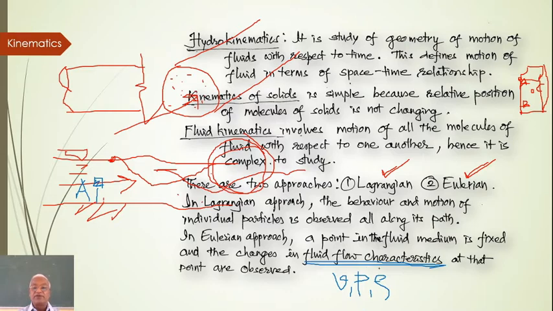How these fluid flow characteristics change with respect to time at a particular point, that is the Eulerian approach. But if you take a particle and move along with the particle and see what is happening to it as it moves, right, that would be the Lagrangian approach. Obviously, among these, the easier one would be the Eulerian approach. That is what is studied in detail afterwards. Okay.